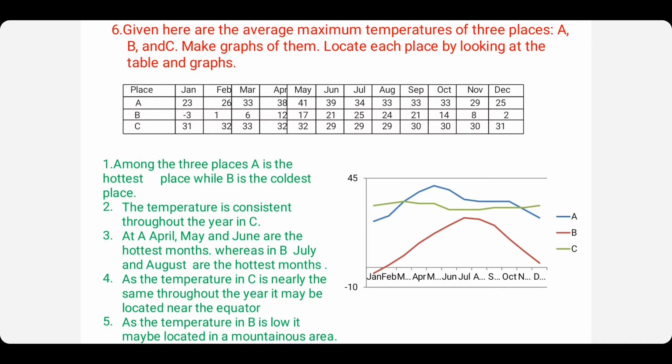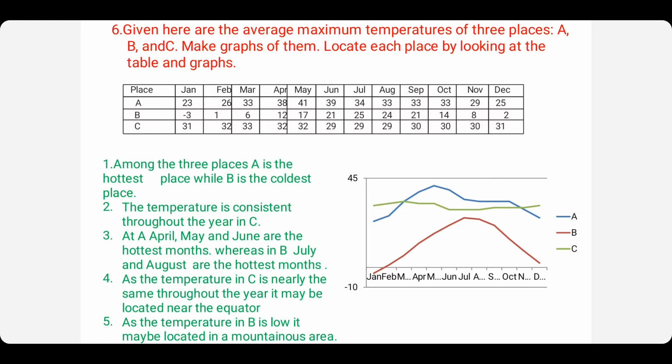Whereas in B, July and August are the hottest months. You can see July and August, the graph is going to the peak for B place, and for the A place you can see April, May and June, the graph is going to the peak.